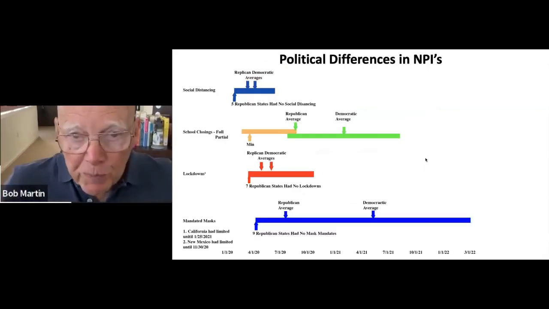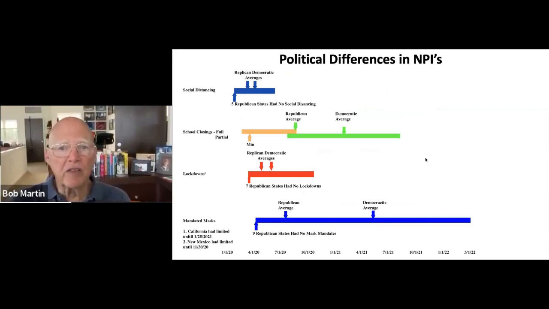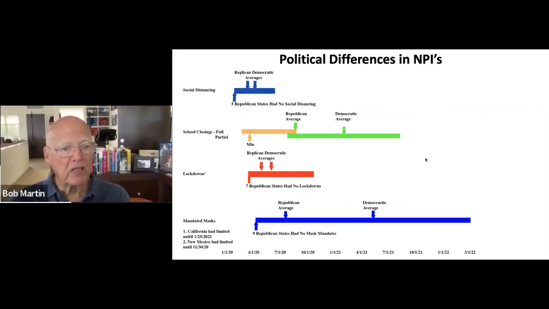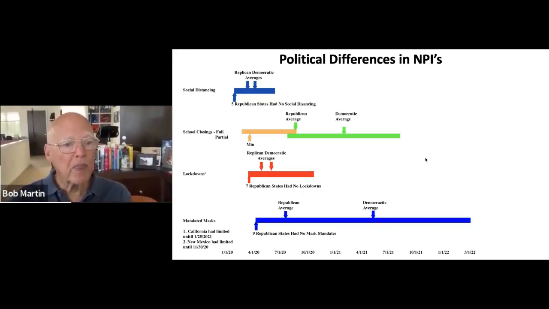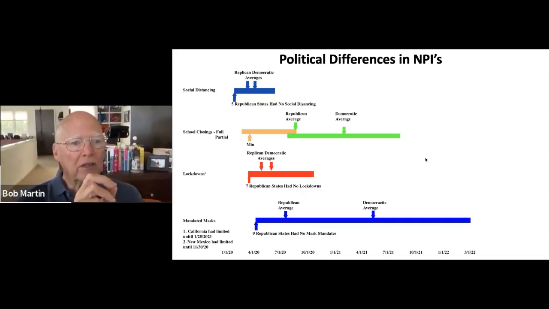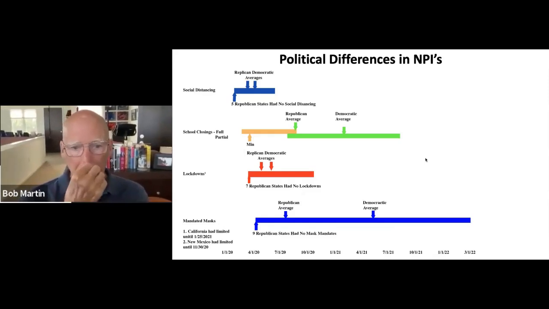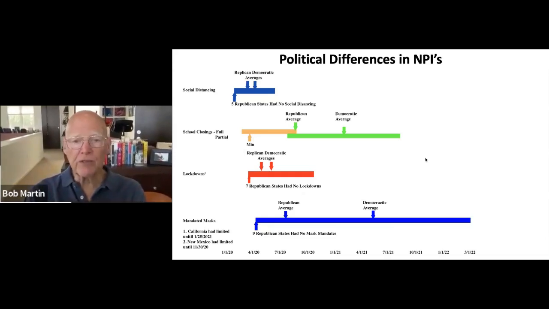There were huge political differences in the application of the non-pharmaceutical interventions. You see 4 bars, and on the lower bar the number of Republican states that had none of that, then the Republican average of how long they had them, and then the Democratic average. So huge differences.